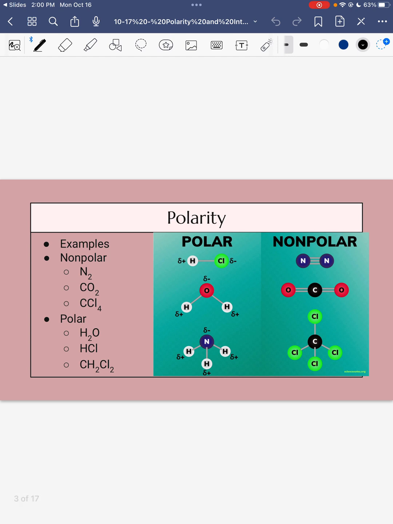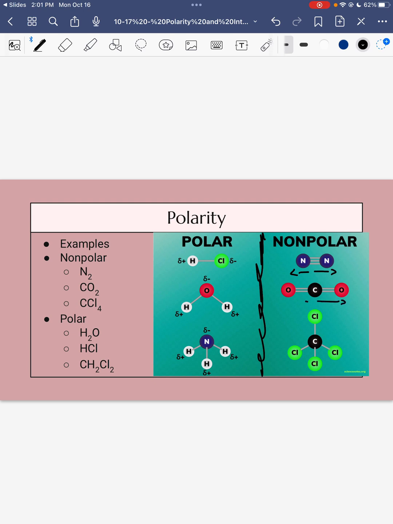So here's some examples. Nonpolar molecules over here on the right of this line are things like N2, nitrogen, two nitrogens. So those nitrogens are pulling that way, those nitrogens are pulling that way. They're pulling in the exact same way, so they're equally sharing electrons. Same thing with CO2.